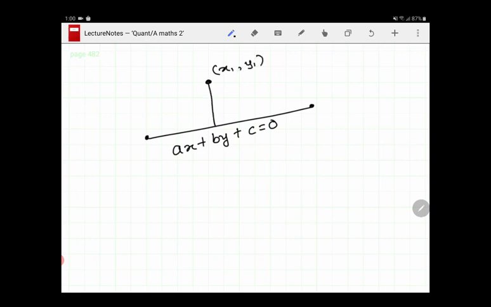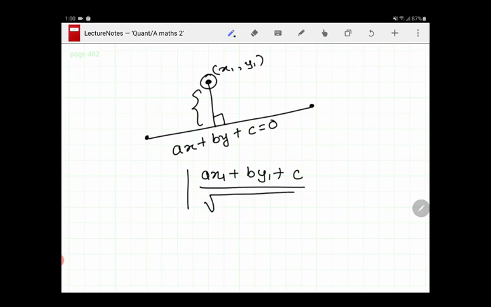To find the perpendicular distance from this point to the line, we will use the formula |ax1 + by1 + c| divided by the root of a square plus b square. Guys, remember the modulus gives you a positive value. The distances are always measured in positive units, so the modulus is very important.